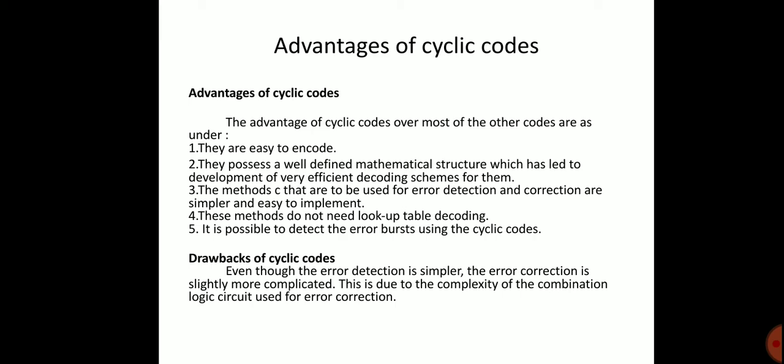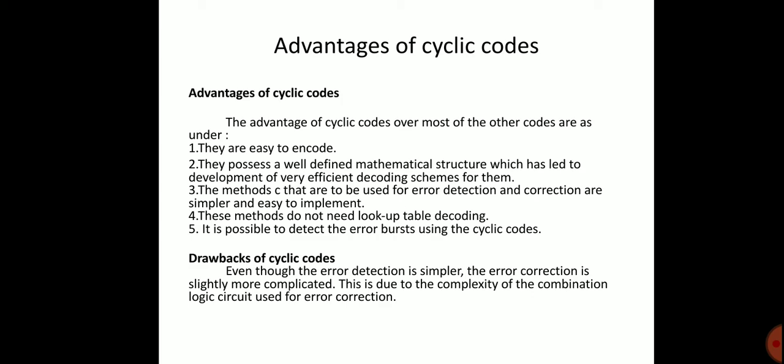Third, the methods used for error detection and correction are simpler and easy to implement. These methods do not need lookup tables for decoding. And finally, fifth, it is possible to detect burst errors using the cyclic code. So these are the advantages of cyclic code error detection and correction methodology.